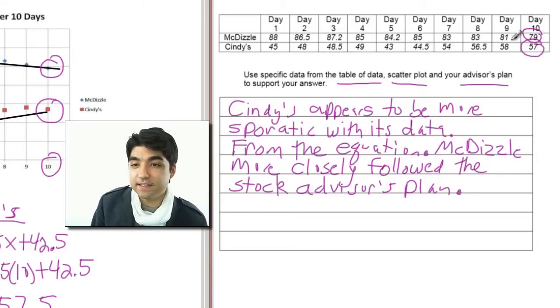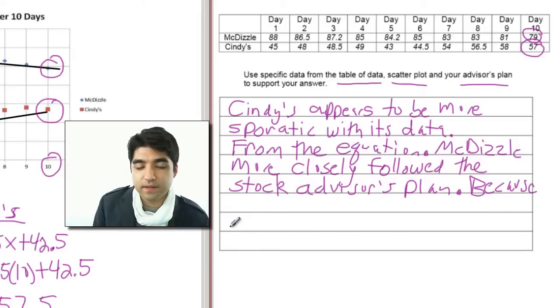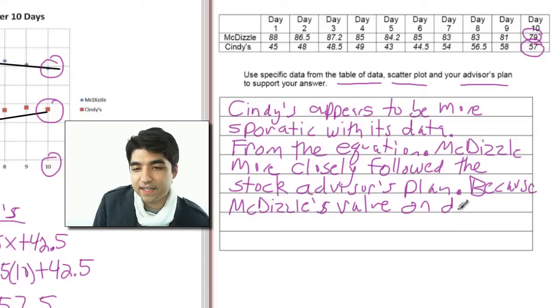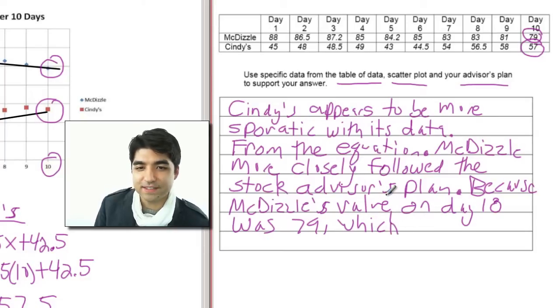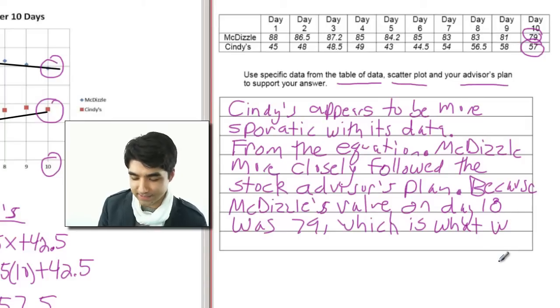Because 79 is the same as the number actually predicted. Because mcdizzle's value on day 10 was 79, which, oh man, it's hard to write with 2 pages, which is what the stock advisor predicted.